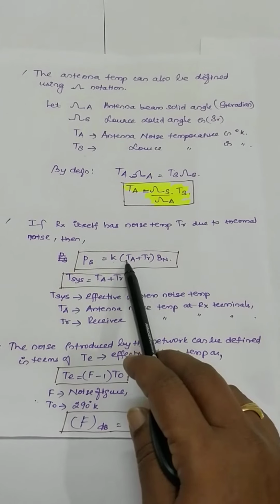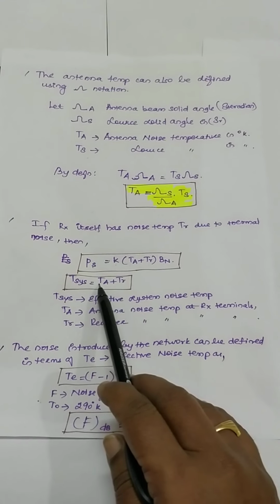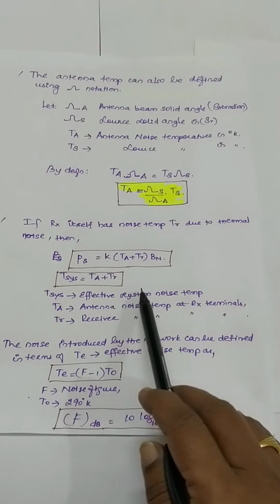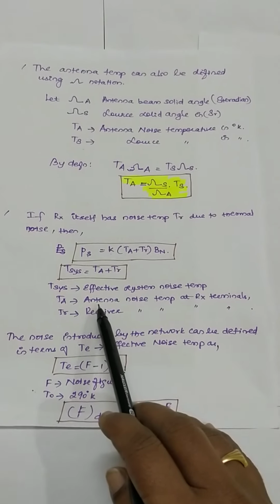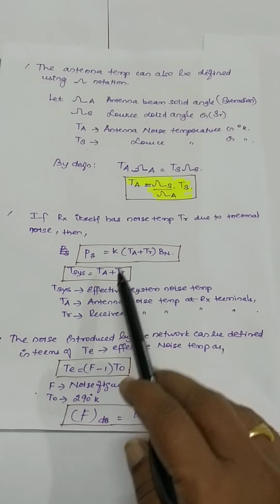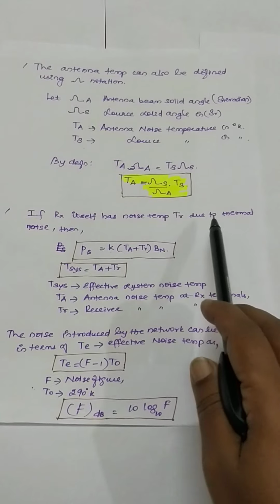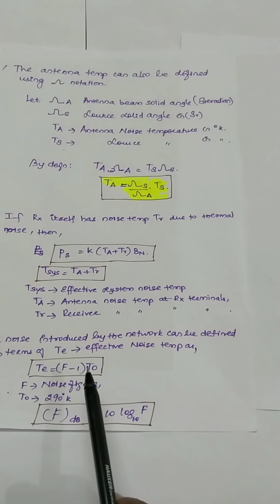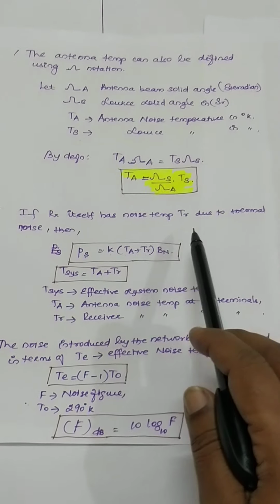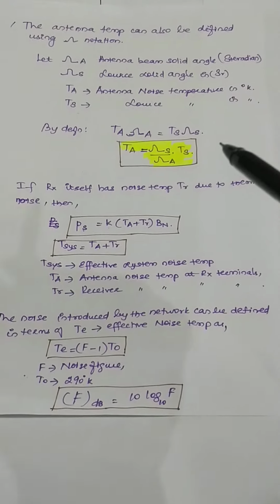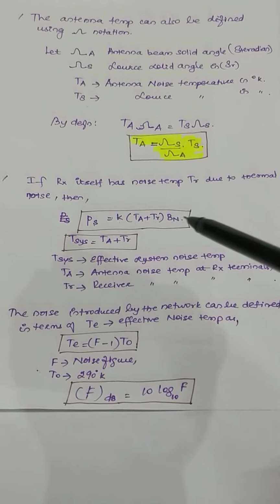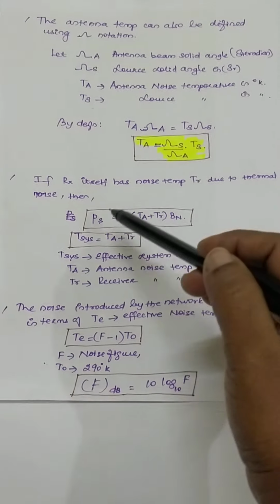The sum Ta plus Tr is defined as T system, the effective system noise temperature, which is the sum of the antenna noise temperature and the receiver noise temperature. As we spoke, it is thermal noise. So the noise introduced by the network can also be defined in terms of this effective noise temperature.